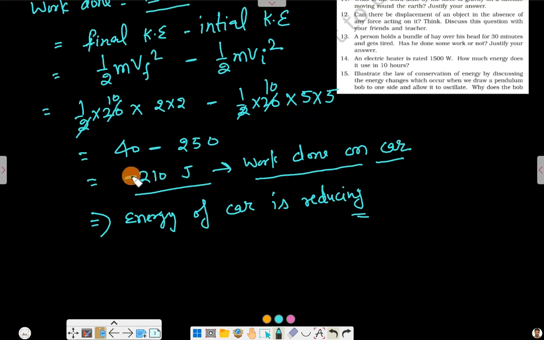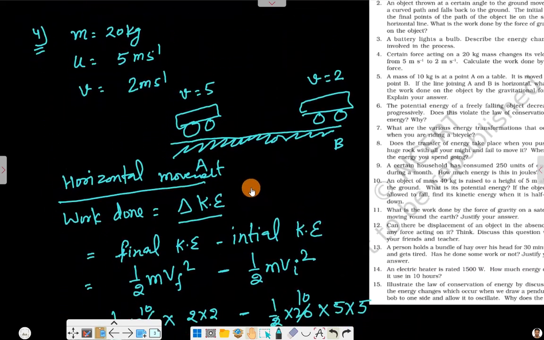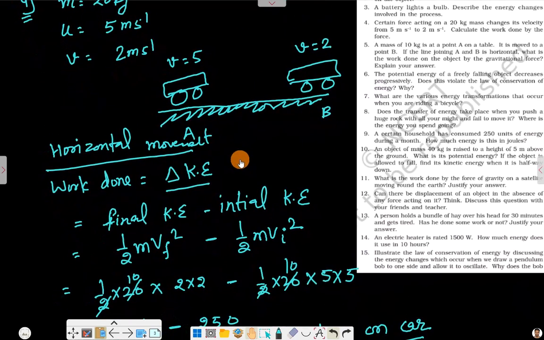If it had been positive, then the energy should be increasing, and if the energy is increasing, that means the velocity should also be increasing. Okay, move to the next question. Question number 5.